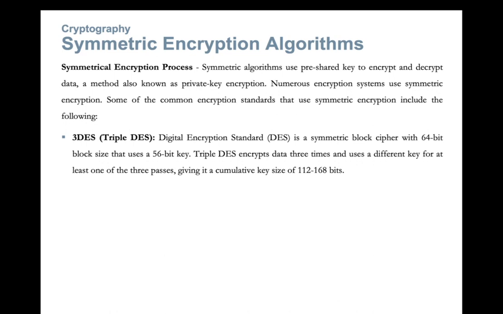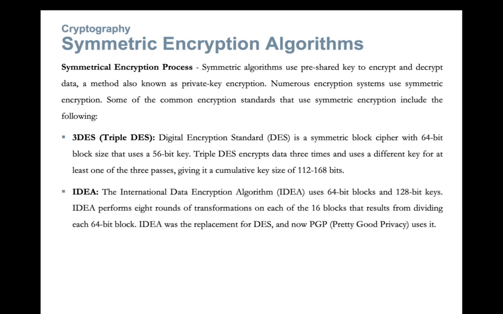The triple DES encryption cycle is like having the data first encrypted by the first DES, then decrypted by the second DES, then re-encrypted by the third DES. The reverse process decrypts the ciphertext in triple DES.